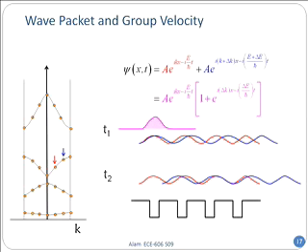Now the point where they are interfering constructively is no longer at x equals 0, you can see. They are interfering slightly downstream. So as if the original electron sitting at x equals 0 has moved a certain distance x. If I could somehow capture this information, then I would know what velocity an electron moves if I put it in a certain band at a certain point.